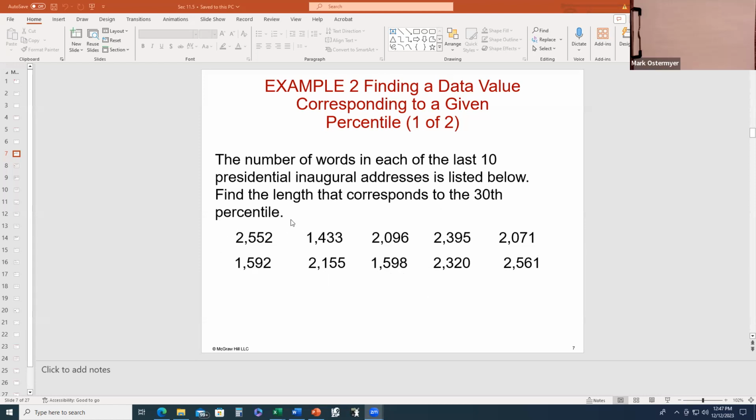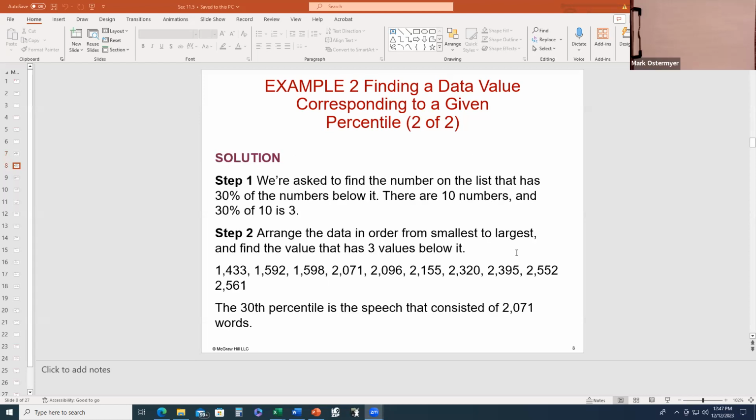In order to do that, we need to order this data, okay? And so therefore, we do order the data from smallest to largest, left to right. And then, ladies and gentlemen, the 30th percentile, keep in mind, is a data value below which lies 30% of the other observations.